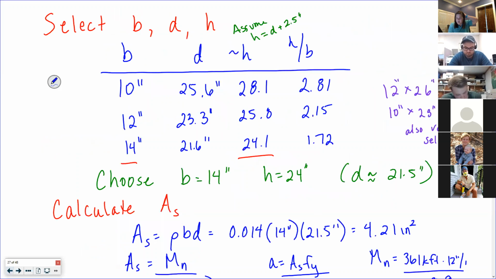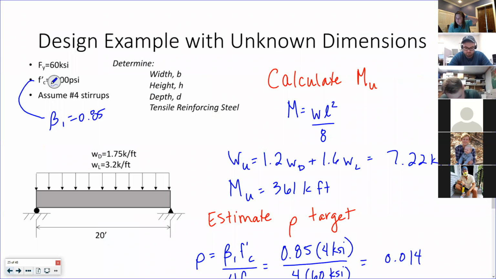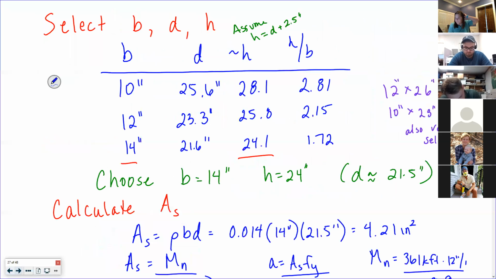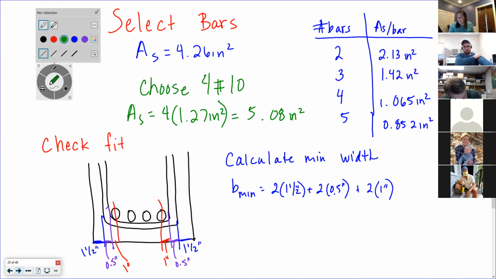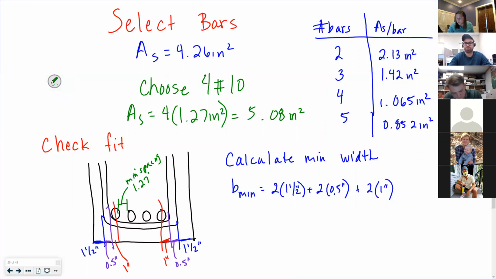Did I have an aggregate? Let's assume aggregate doesn't apply. The minimum spacing is 1.27 inches, because that's the bar diameter for a number 10.